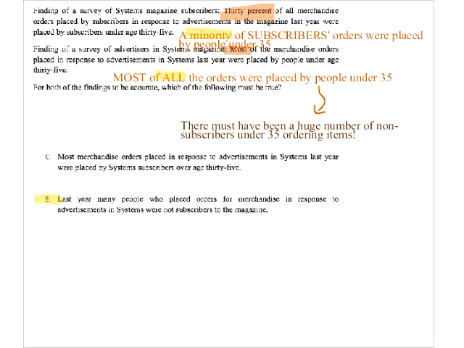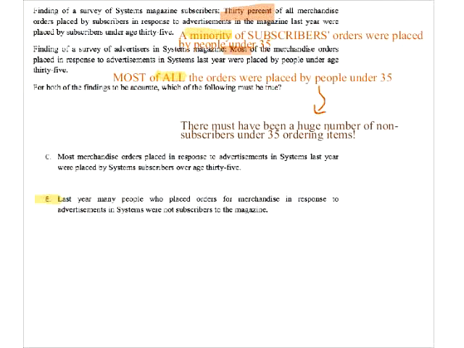Any questions about this? Notice that you can actually prove that C is false. Like, most merchandise orders were placed by subscribers. Well, no, sorry, you can't prove that, but this could very well be false.